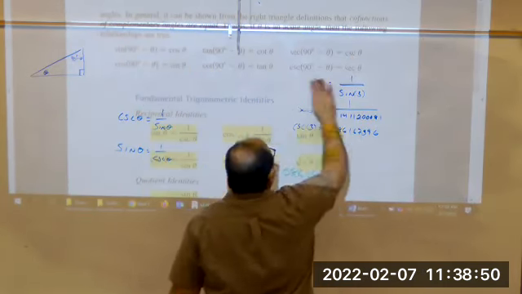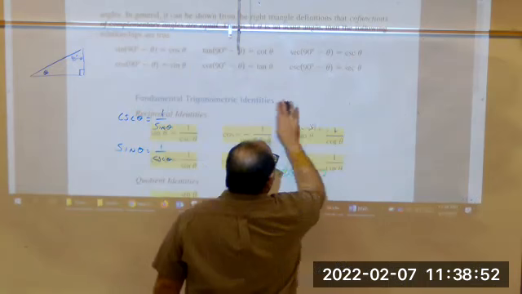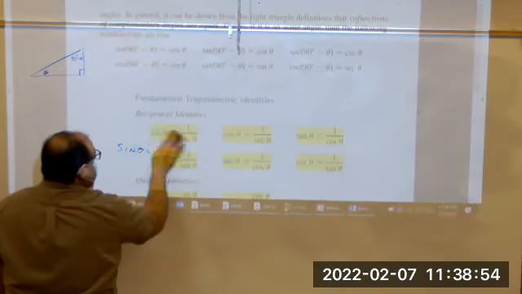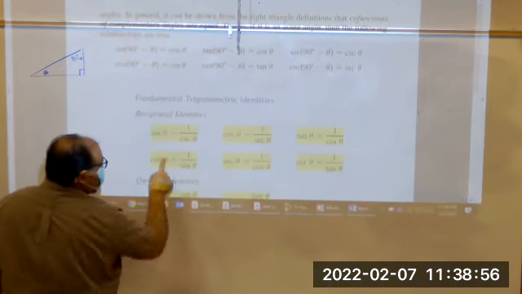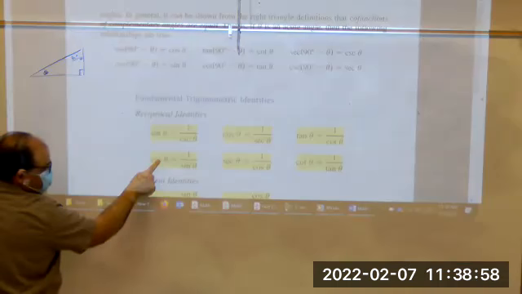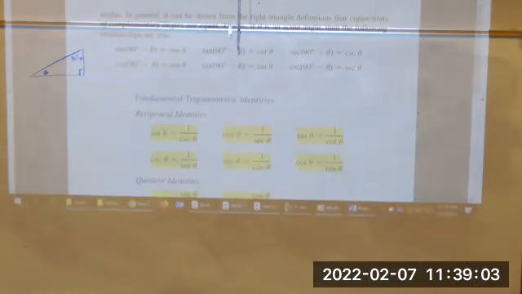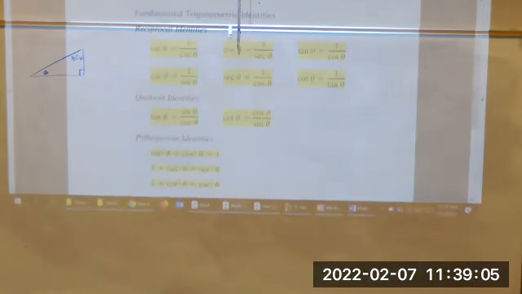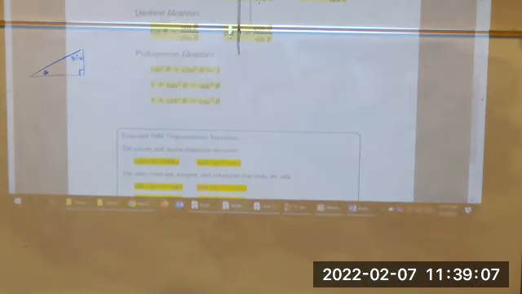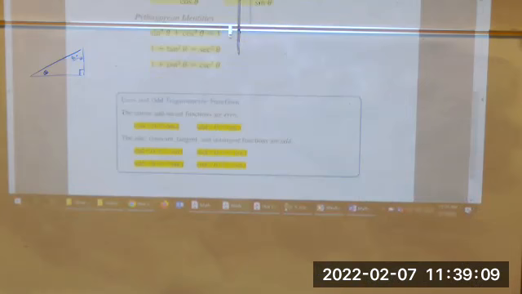So I have this page set aside and I'll post it. Reciprocal identities. And then not to mention at the bottom, tangent, Pythagorean identities, and then these guys right here, even and odd trig functions. And that's going to come up as well.